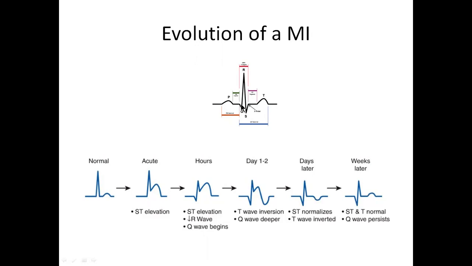Remember, that's the first wave down, right? And then it becomes bigger and bigger and bigger. So weeks later, the only clue you will have is a big Q wave to say that the patient had an acute MI. Okay.